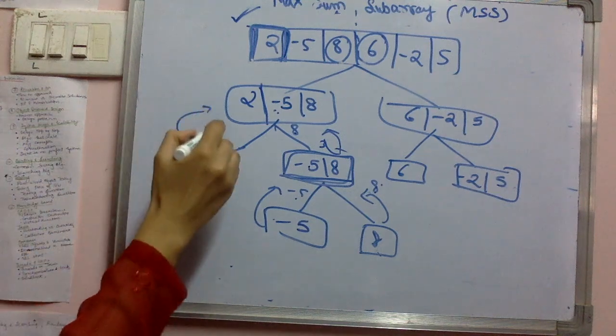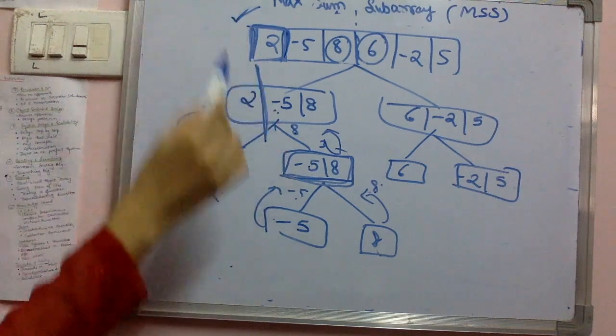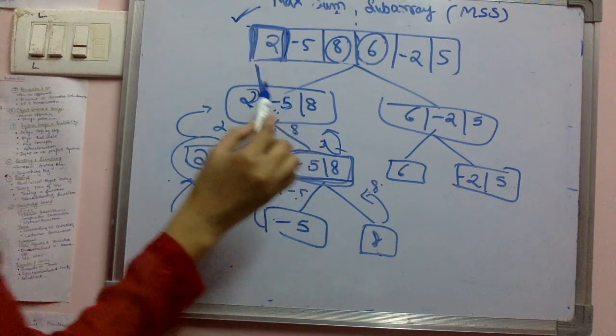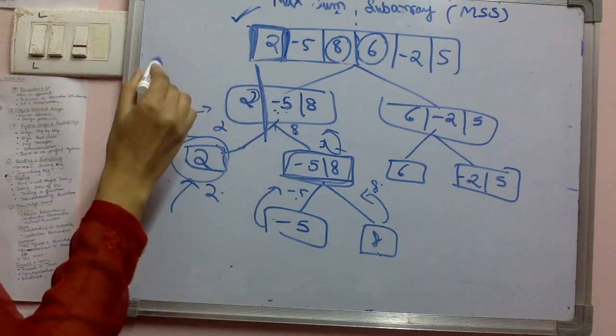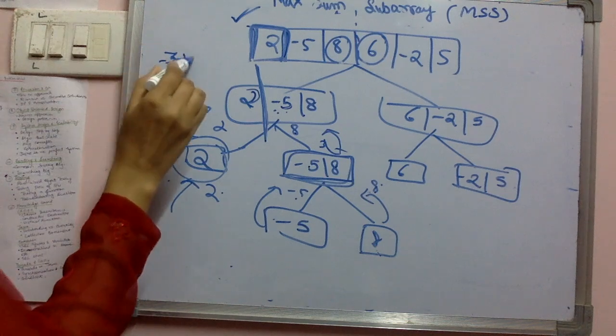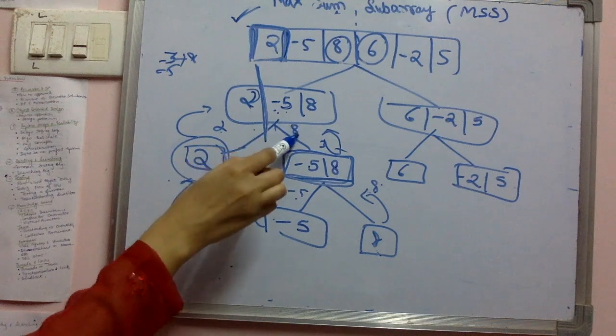And this has returned 2. And the one which is crossing the midpoint is 2, which compulsorily has to be there. Minus 5 is also there. So till now it is minus 3. Plus, let's see whether 8 increases the sum or not. 8 does increase the sum and it is 5. So 2, 5 and 8.